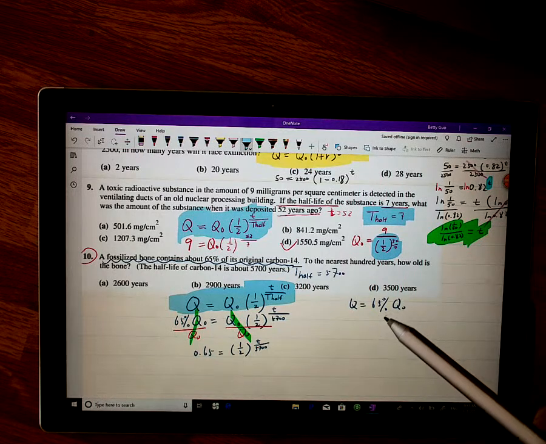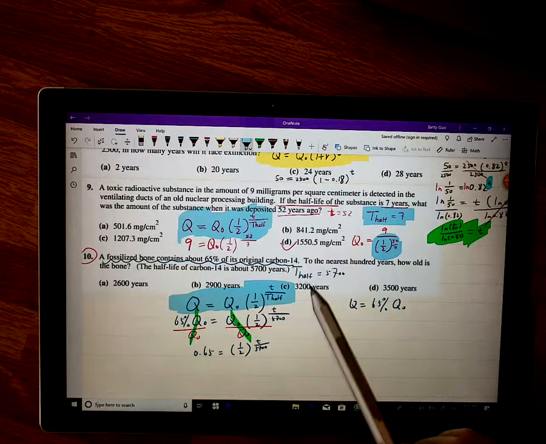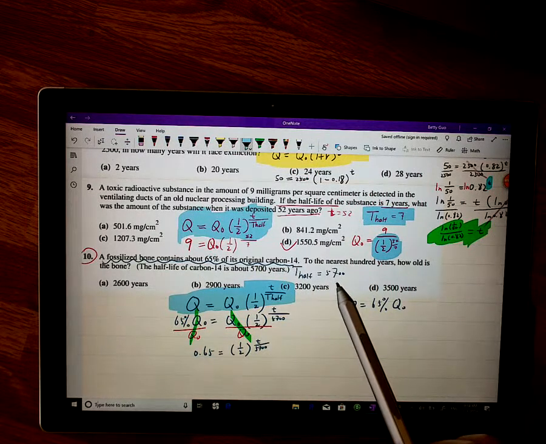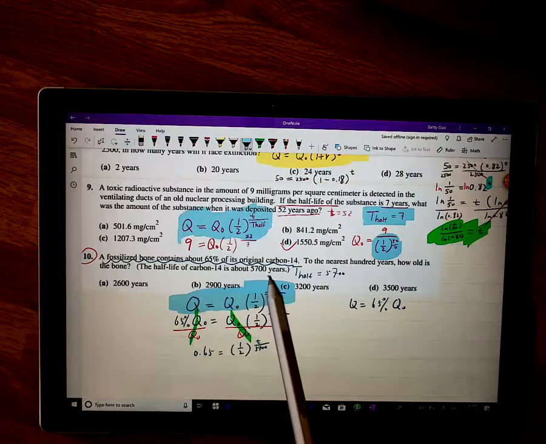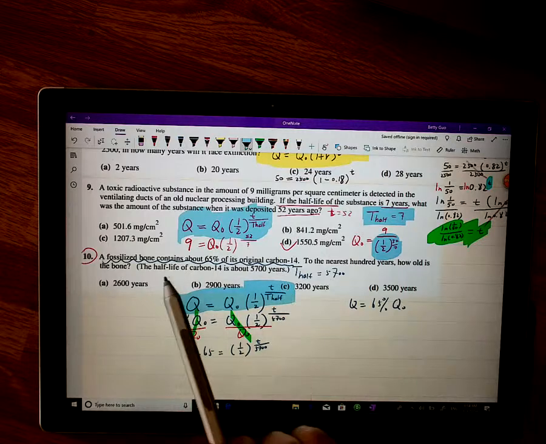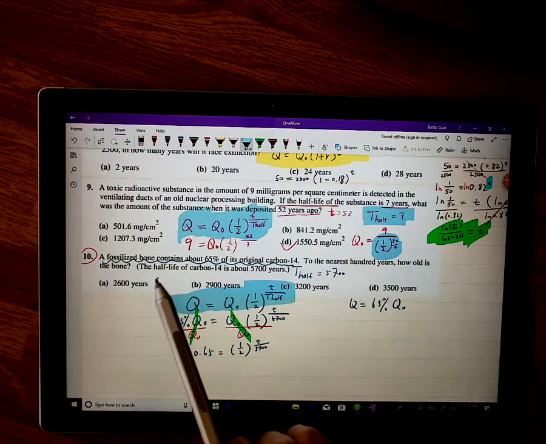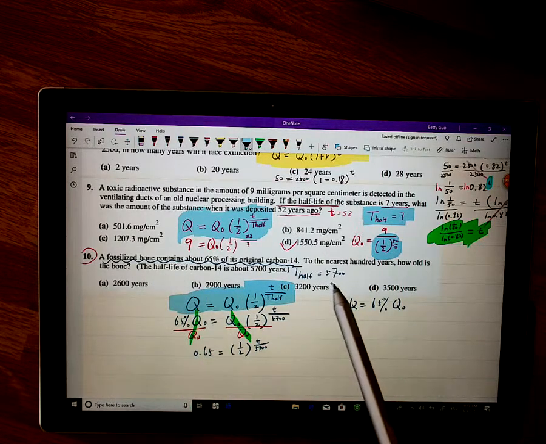What value do we have? We have T half equals 5,700. That is given. The half-life of carbon-14 is about 5,700 years. It's clearly given. So T half is 5,700.